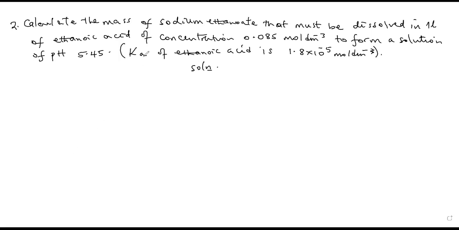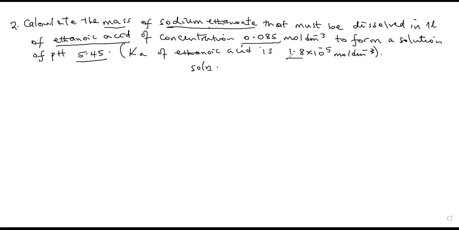All right, calculate now. They need the mass of sodium ethanoate that must be dissolved in 1 liter of ethanoic acid of concentration 0.085 to form a solution of pH 5.45.